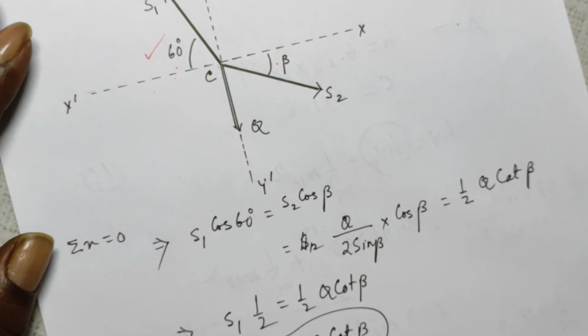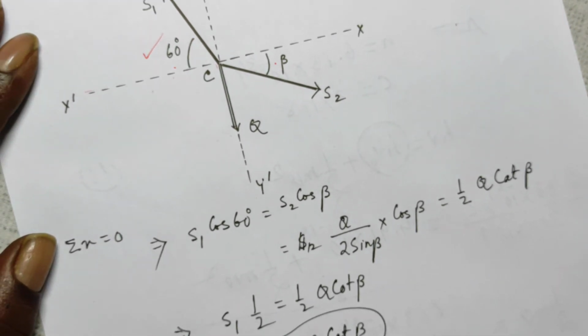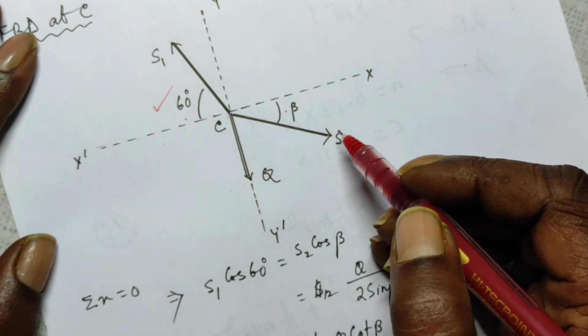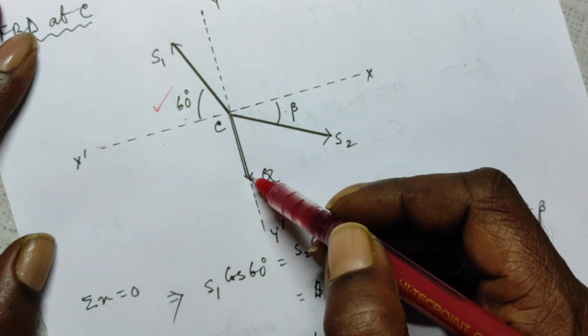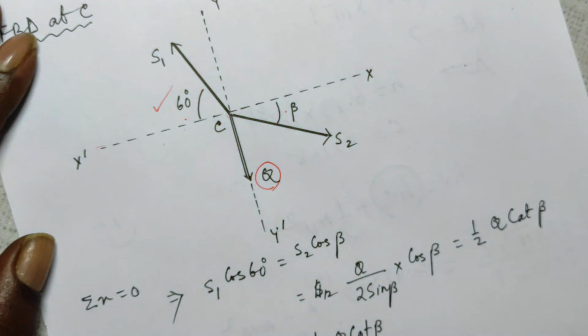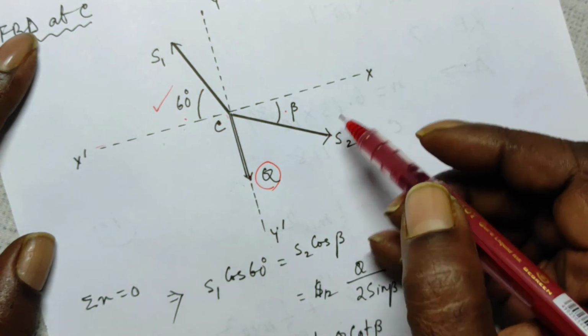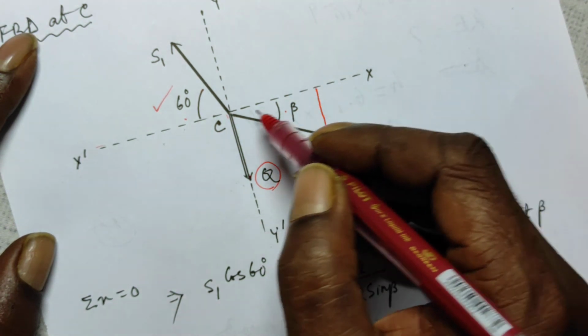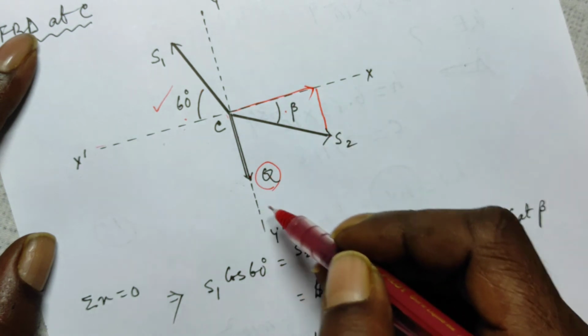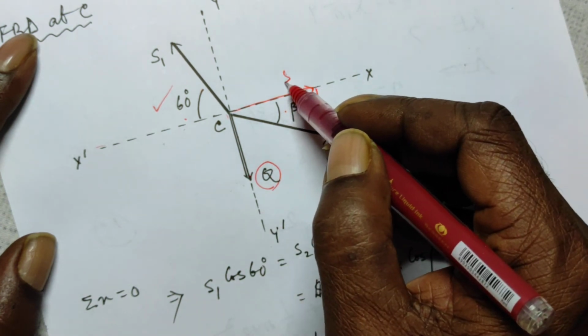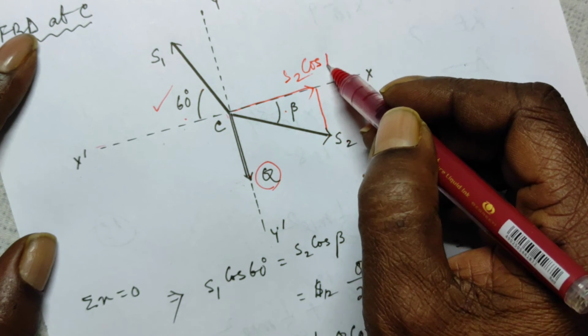Now apply sigma x is equal to 0, meaning the sum of the forces along the x-axis is 0. This Q is completely along the y-axis, so this does not have an x component. From this point, if you drop a perpendicular, then this one will be the x component of S2, which will be equal to your S2 cos beta.